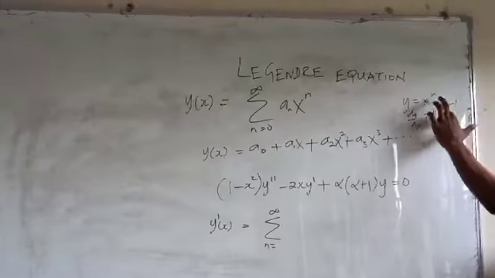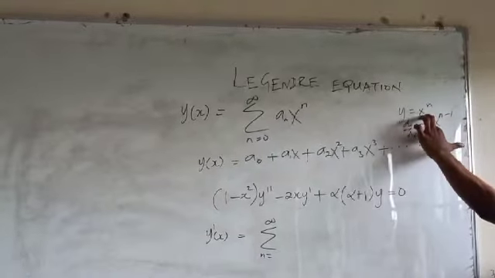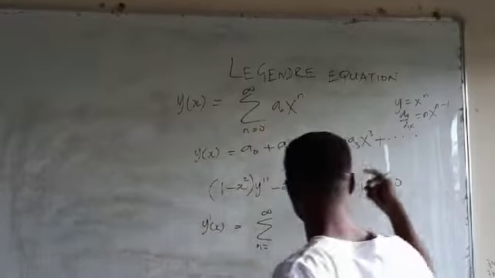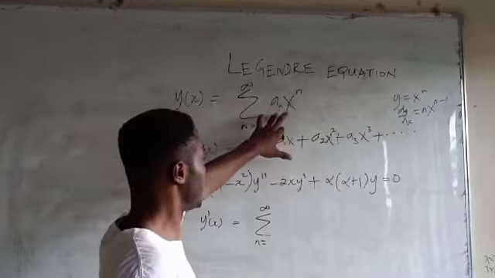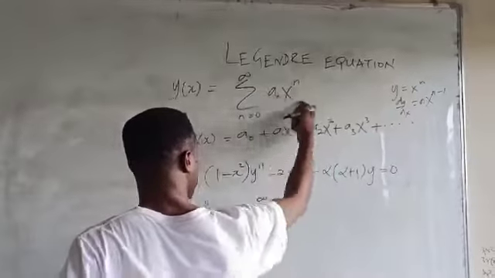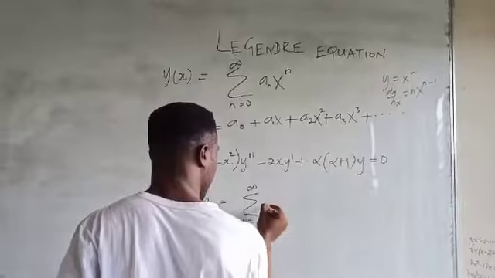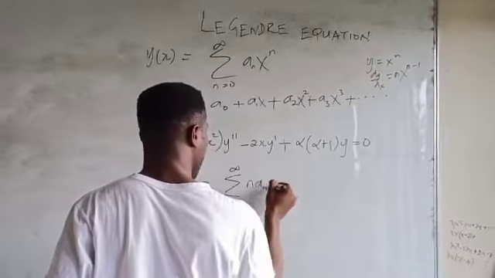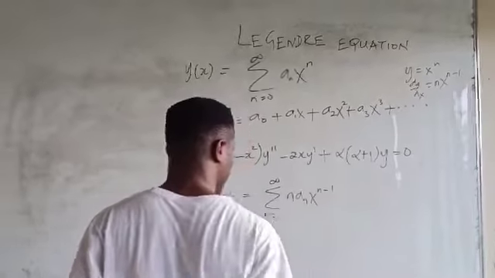So with this principle, I will use that same method to differentiate this term. The n will multiply everything I have here. So I have n a subscript n x raised to the power n minus 1.